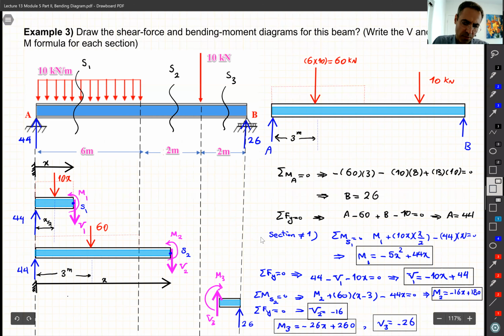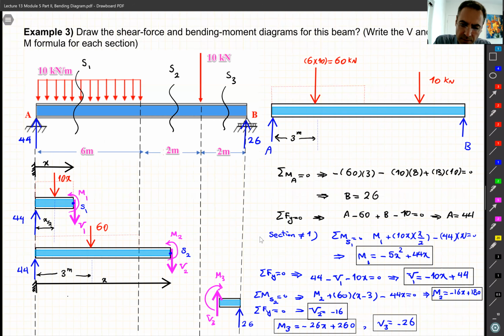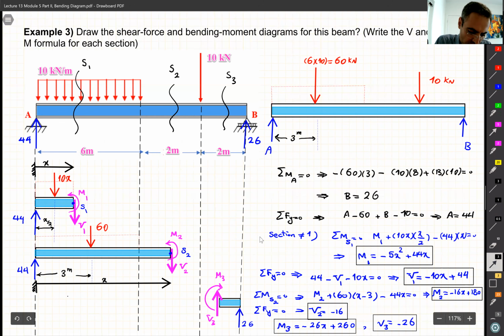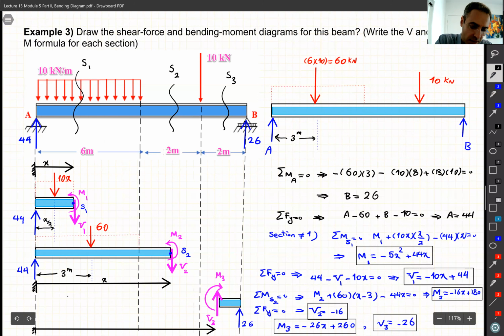So just be careful about the distance. This time the distance from the beginning to this point is X. So from here to the portion that we cut is X. Always X starts from the beginning on the left side. I keep repeating these things because I know it's easy to make mistakes.